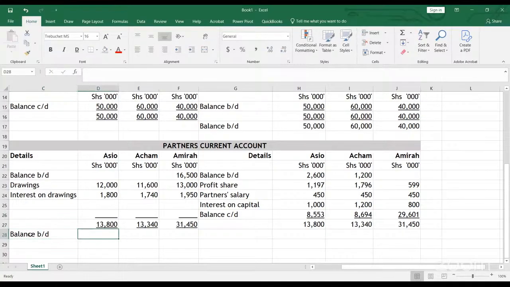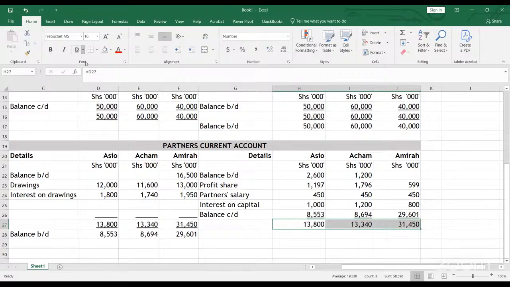Balance brought down. For ACO, it is this. For Acham, it's that. And for Amira, that. So that is the partner's current account for you.